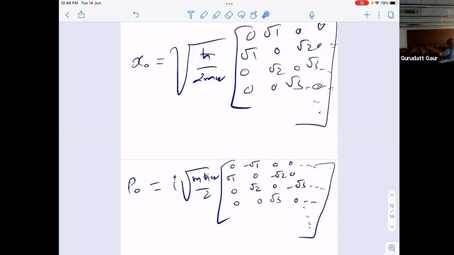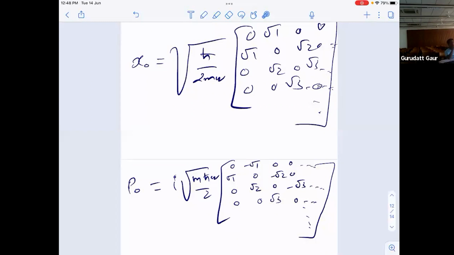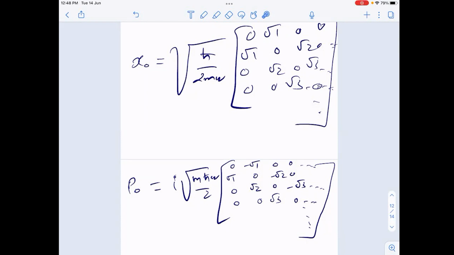And also remember their expectation value. What will be their expectation value? X0 and p0 at t is equal to 0. You can tell it directly. Sir, x and p are Hermitian, right? x0 and p0 I'm talking about. Yes, they are Hermitian. So at t is equal to 0, their expectation values are 0.